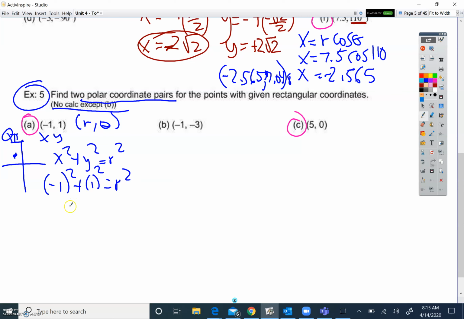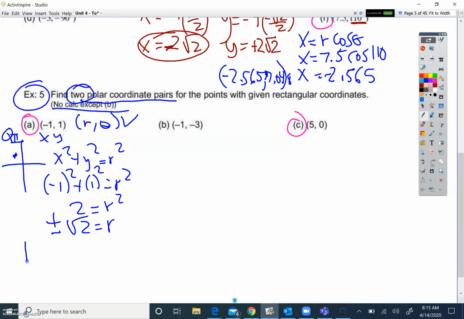So r squared equals 2, and r equals plus and minus radical 2. Now remember, there are an infinite number of ways of writing polar coordinates. This is asking for 2 different ways. So we're going to do one with a positive square root of 2 and one with a negative square root of 2. But before we do that, we need the angle.